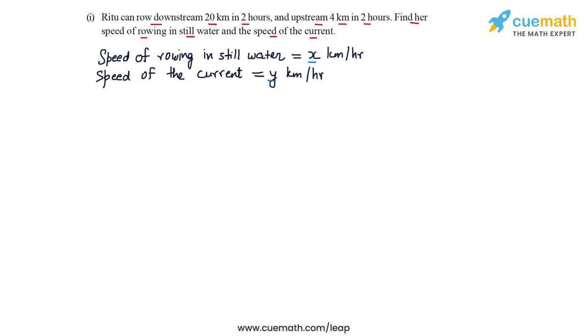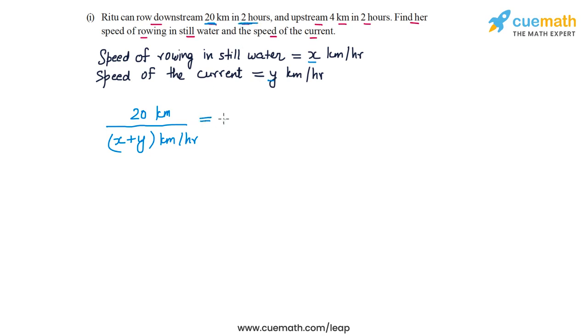The statement says Ritu can row downstream 20 kilometers in 2 hours. So distance is 20 kilometers, and the speed going downstream is x plus y kilometers per hour. We know that distance divided by speed is equal to time, and the time given is 2 hours.